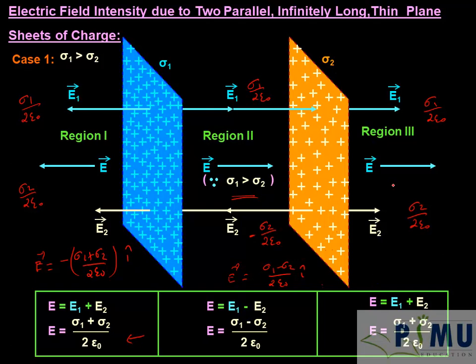Similarly here, the resultant field is in the positive x direction. Therefore, E will be equal to sigma 1 plus sigma 2 by 2 epsilon naught I cap. I cap is the unit vector in the positive x direction. In the negative x direction, it will be minus I cap. So this minus will come there.